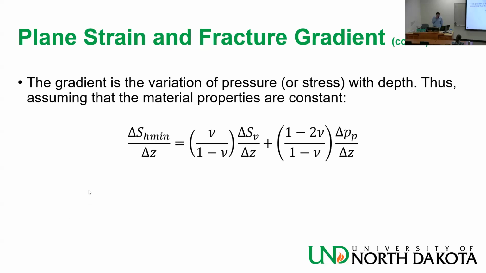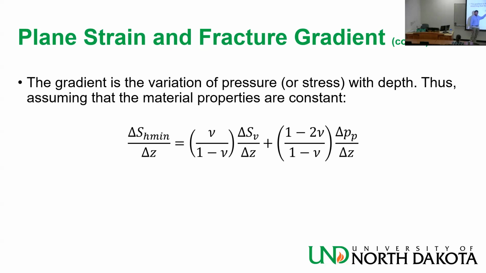The gradient is the variation of pressure or stress with depth. Therefore, assuming that the material properties are constant, you basically convert this from a stress to a stress gradient.